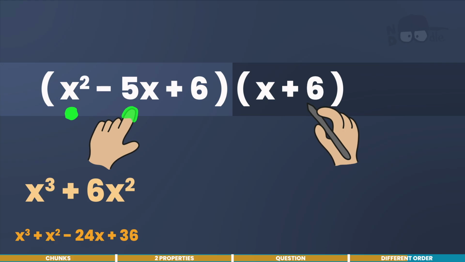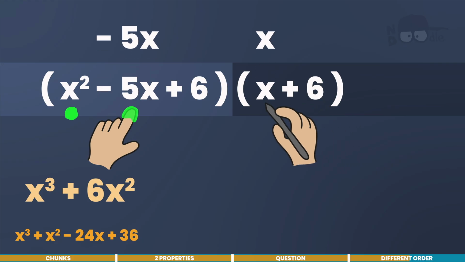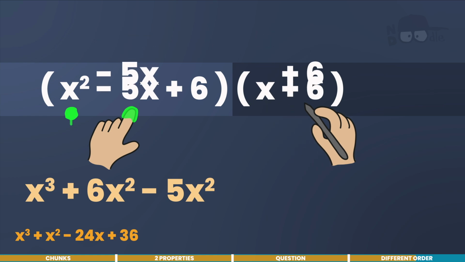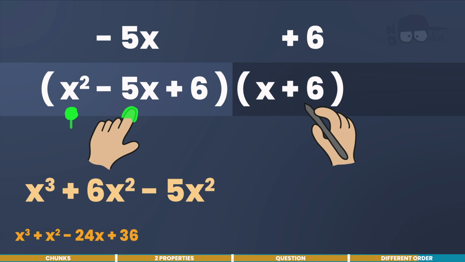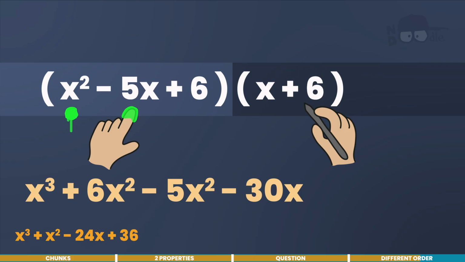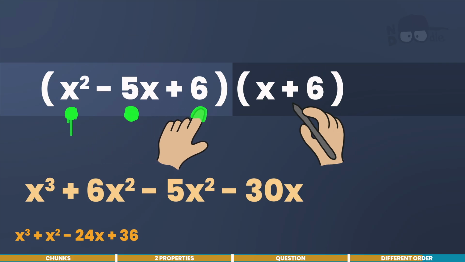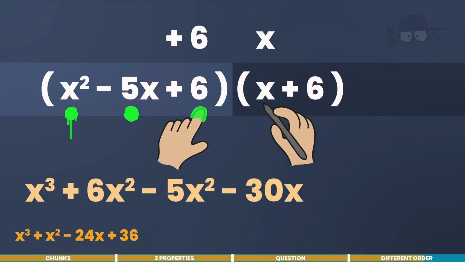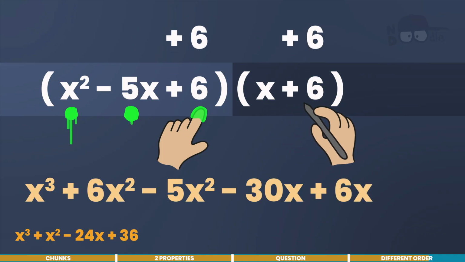Move our sticky finger along, and minus 5x times x is minus 5x squared, and minus 5x times 6 is minus 30x. So the final move of our sticky finger, and we get 6 times x, which is 6x, and then 6 times 6, which is 36.